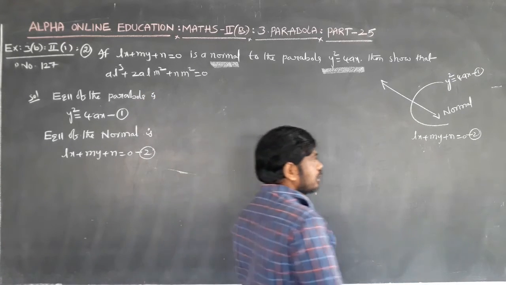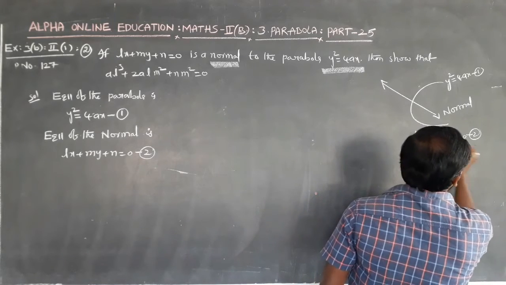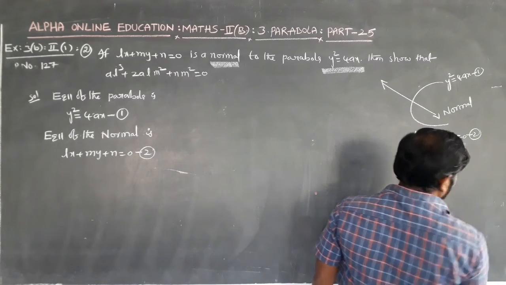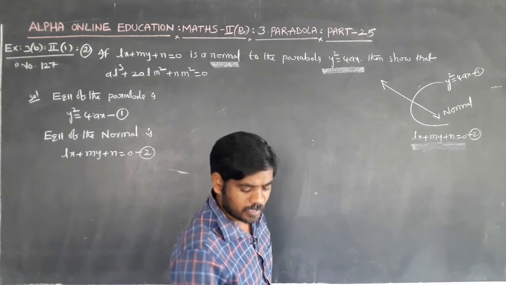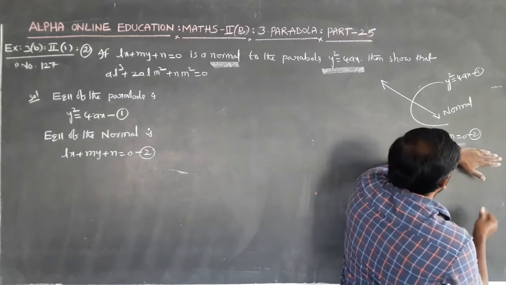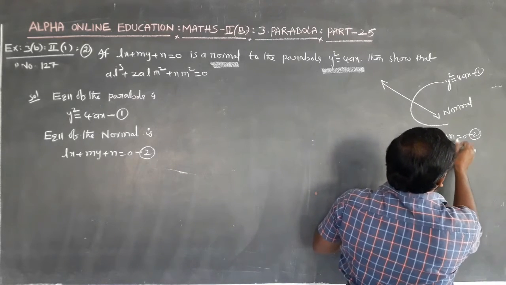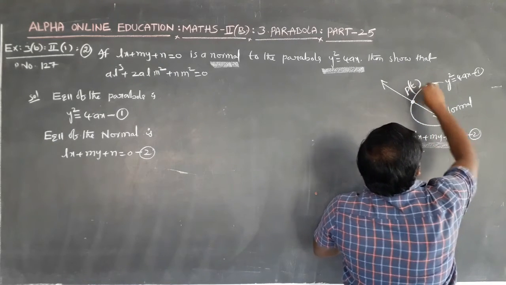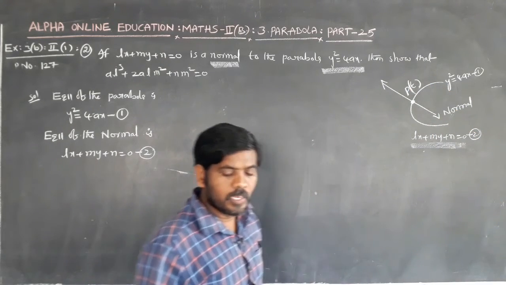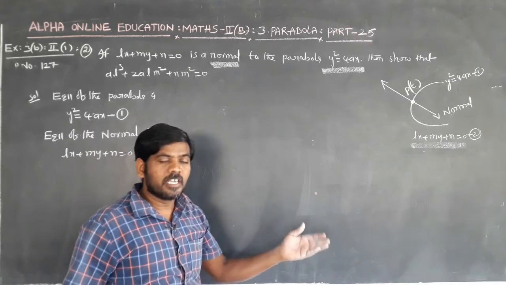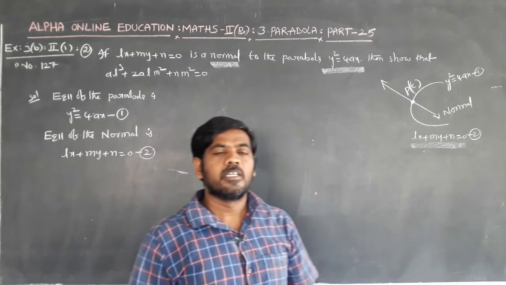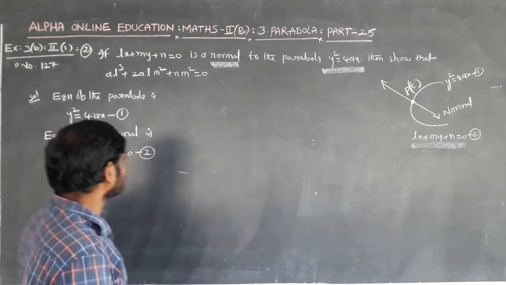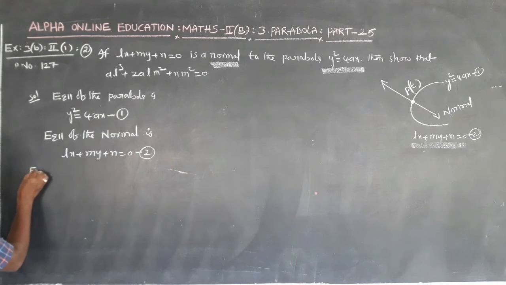Observe here the given equation of the normal. So here we find the equation of the normal to the parabola at the point P(t), and after that we eliminate t.